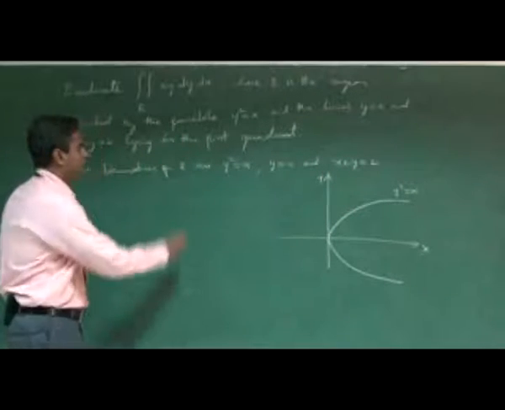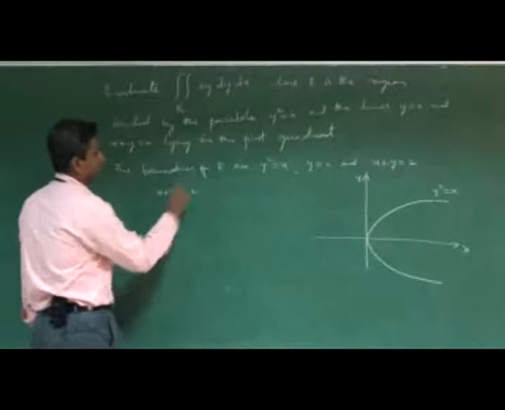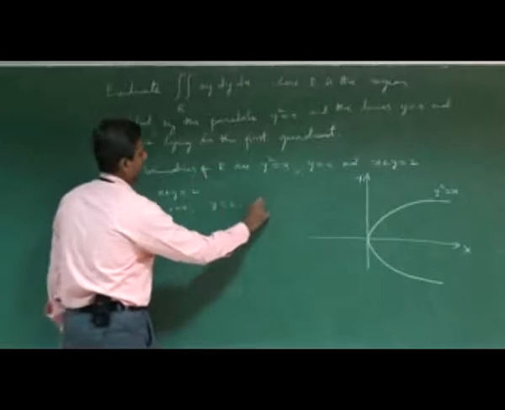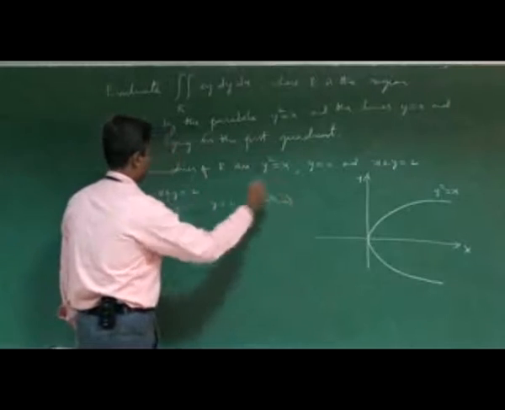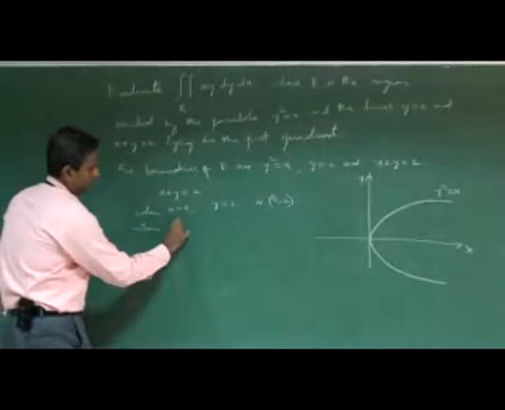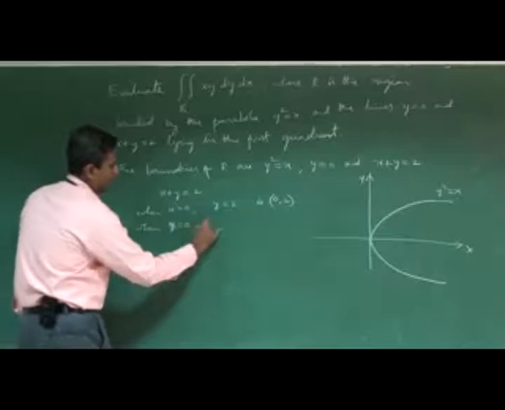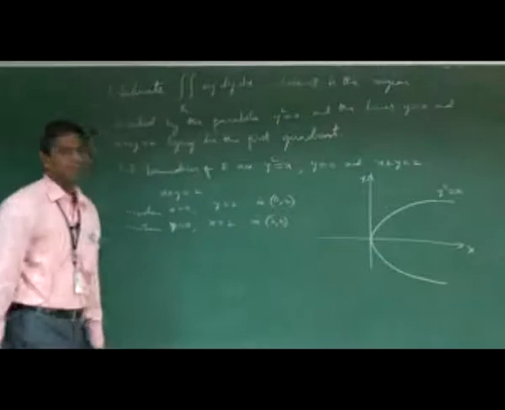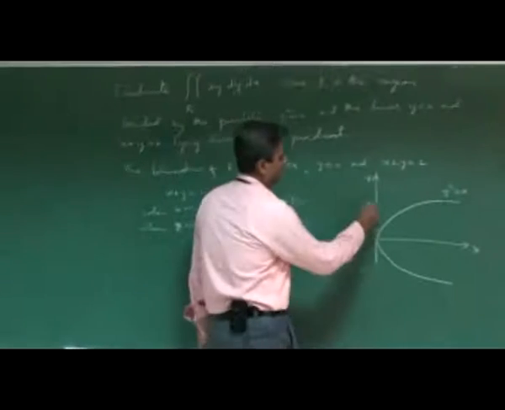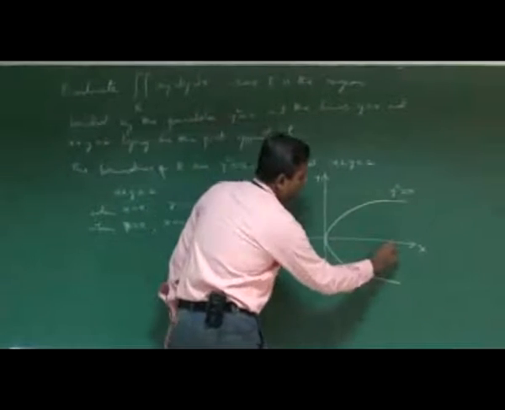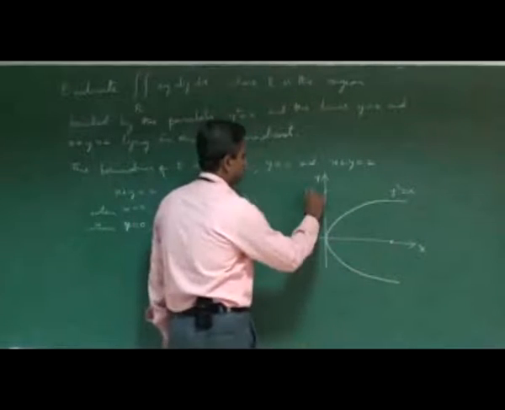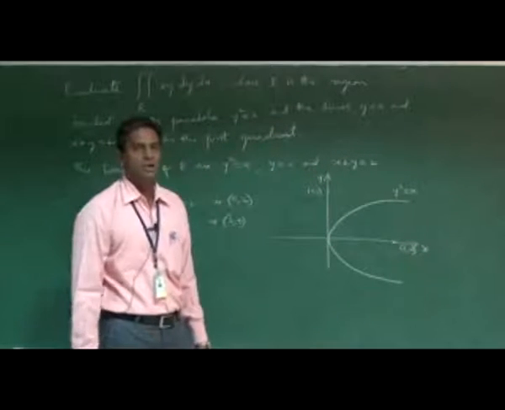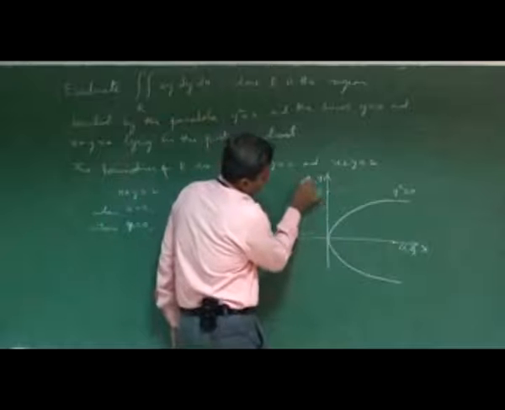We fix the points: when x equal to 0 we get y equal to 2, so the point is 0 comma 2. When y equal to 0 we get x equal to 2, so the other point is 2 comma 0. We plot the two points in the xy plane and join them.